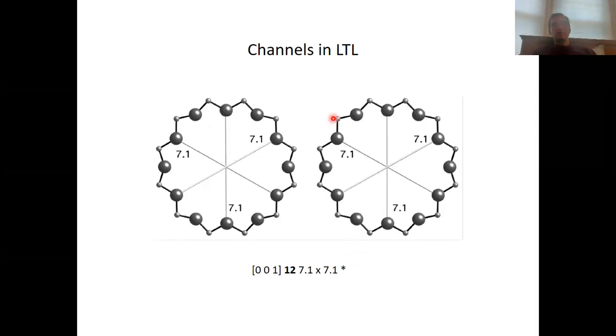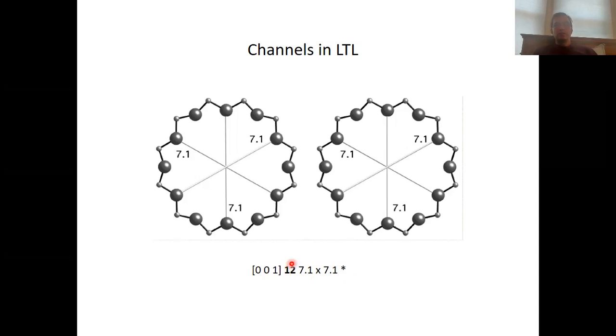All right, so here is another example, and here you see the channels in the LTL structure. So here we have 0, 0, 1 in brackets, and that means that we now have these channels only in the 0, 0, 1 direction, but not in another direction. That also directly implies that our channel system is 1-dimensional, indicated by this asterisk here.